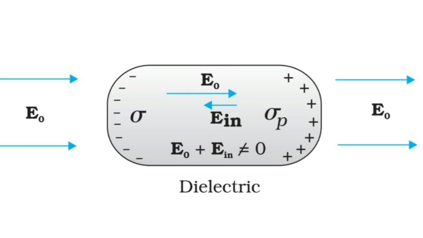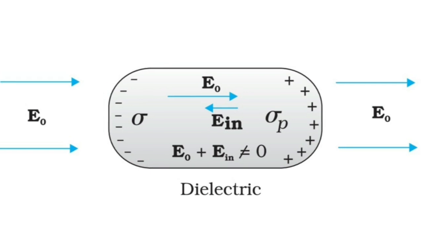That means the net electric field is not equal to 0 inside a dielectric. That is the case with a dielectric. And we are going to explain how we can account for the non-zero electric field inside a dielectric when it is kept in an external electric field.